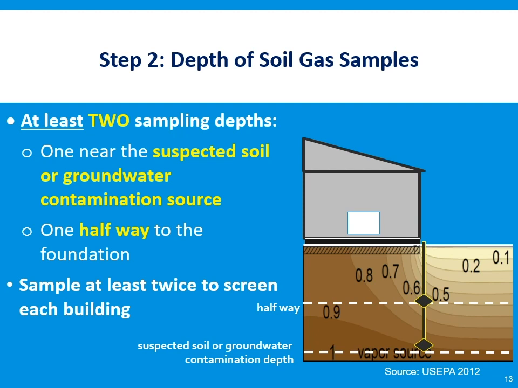For this scenario, the contaminant source is relatively shallow, approximately 15 feet below surface grade. And it's important to remember that the underlying intent of a soil gas investigation for vapor intrusion is to determine the concentration of contaminants directly under the foundation.